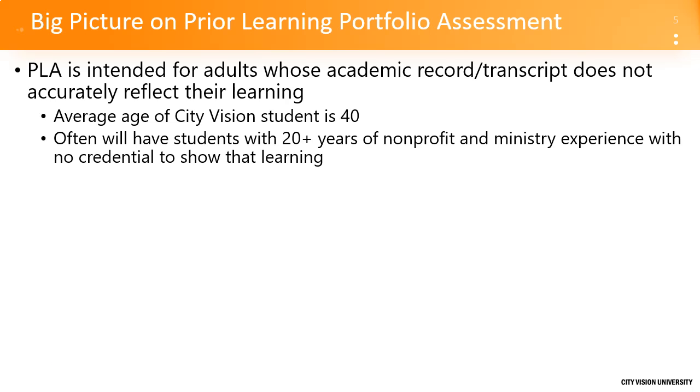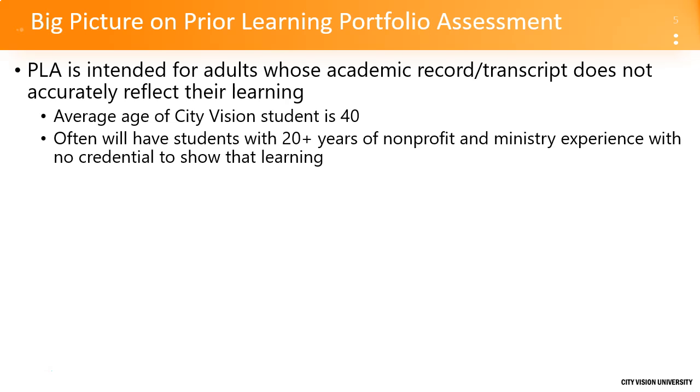For a lot of adults, they've learned a lot of things. I've encountered executive directors of $10, $20 million nonprofits or rescue missions who don't even have a bachelor's, or people who've run multi-million-dollar restaurants, and they don't have college credits to show for that, but they did do the learning. And that's really what this is about.